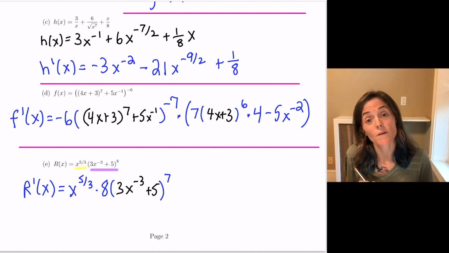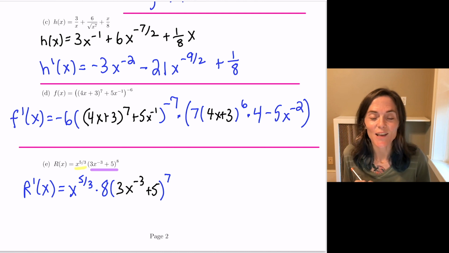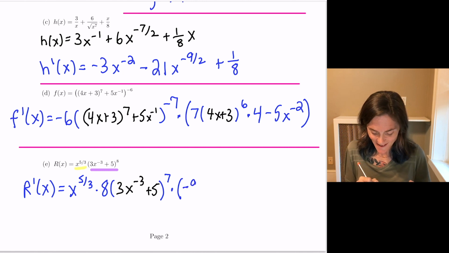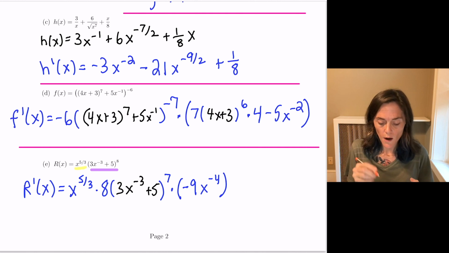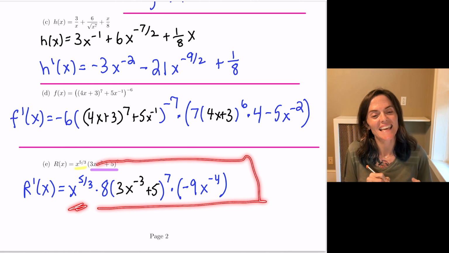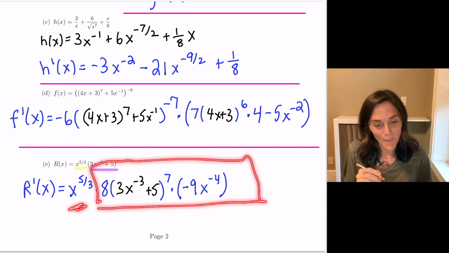That is derivative of the outside, evaluated at the inside, times derivative of the inside function, which is minus 9 x to the minus 4. Okay, so far we have first derivative of the second. Now, put a plus.